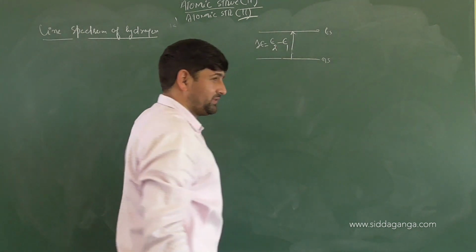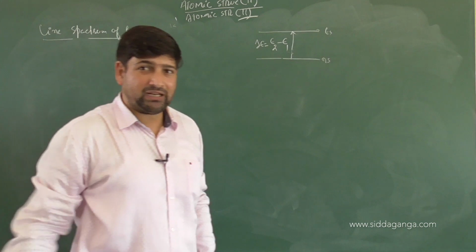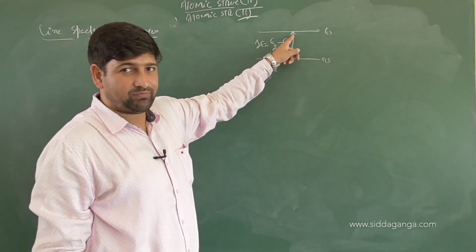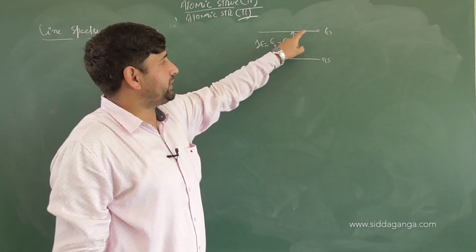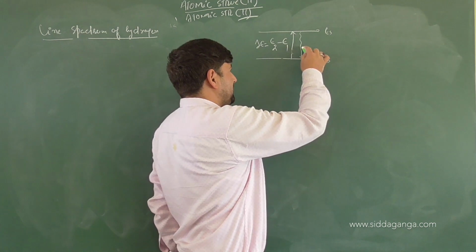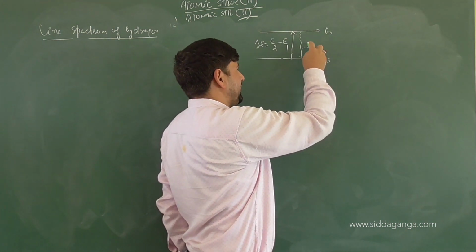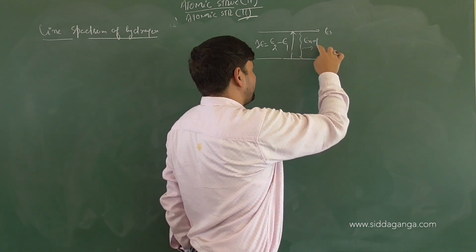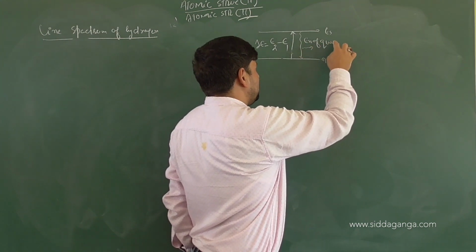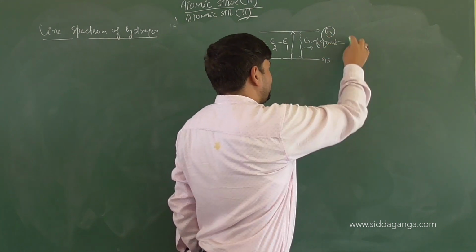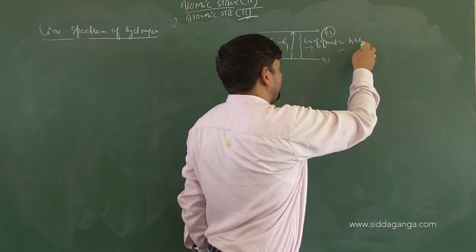When you want to shift an electron from the ground state to an excited state, it will do so by gaining some energy. Once you give it energy, it will go to the excited state. And while coming back, it will radiate energy. How much energy will it radiate? The energy of the quantum released by the electron when it comes from the excited state to the ground state will be given by h nu, where nu is the frequency.